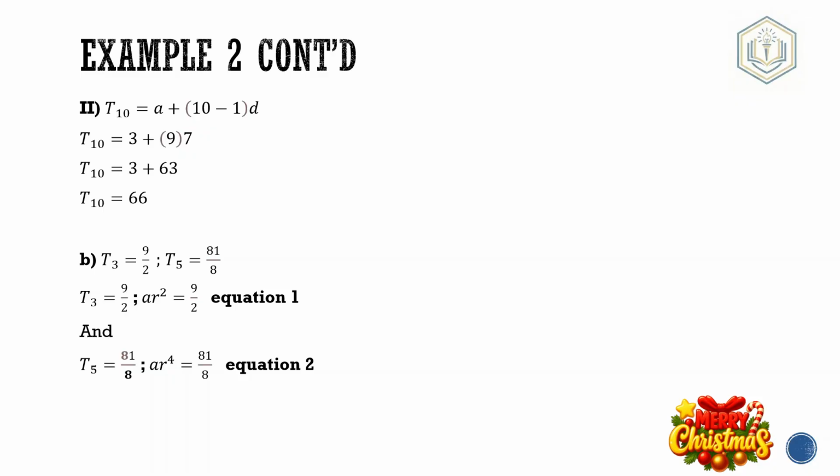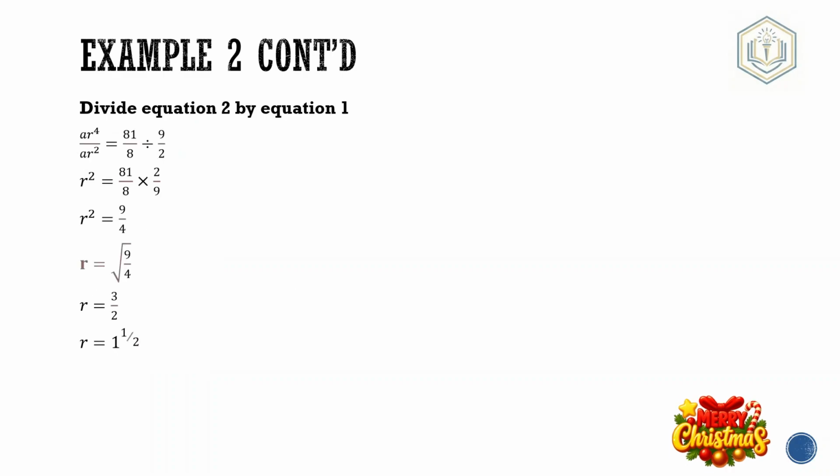That's equation 1. And our a times r raised to power 4 is 81 over 8. That's equation 2. So divide equation 2 by equation 1: ar raised to power 4 divided by ar raised to power 2 equals 81 over 8 divided by 9 over 2.